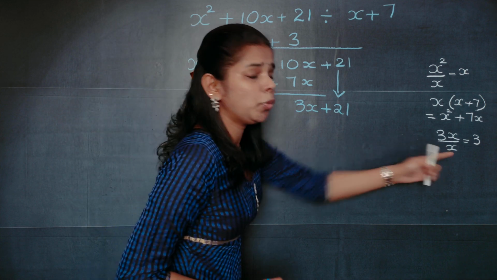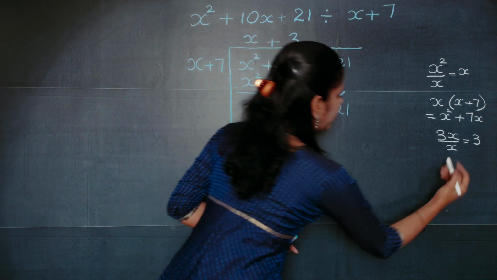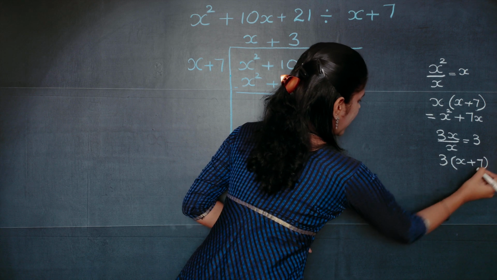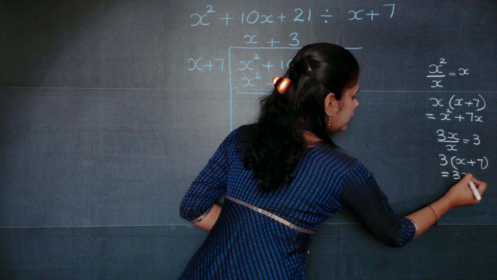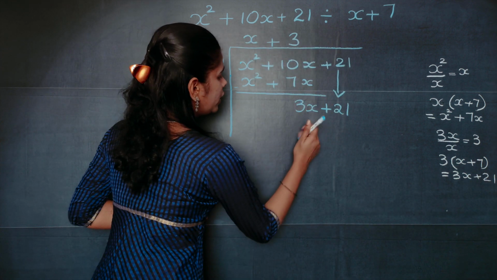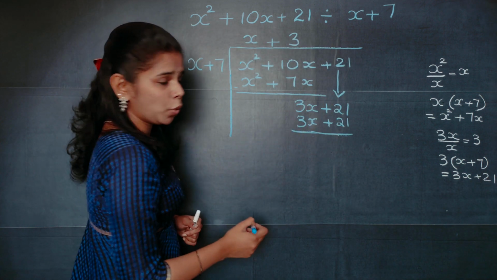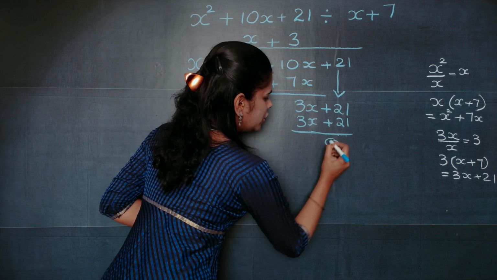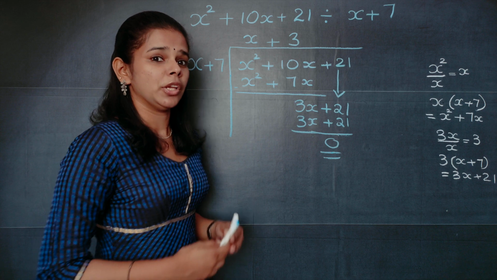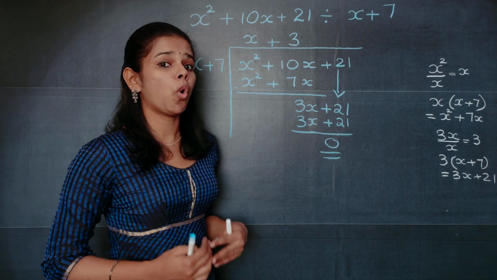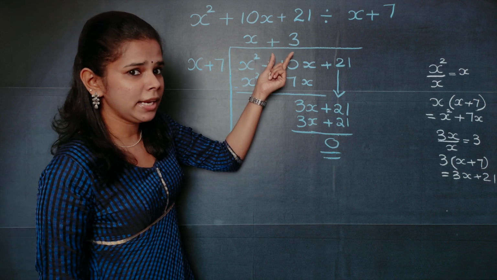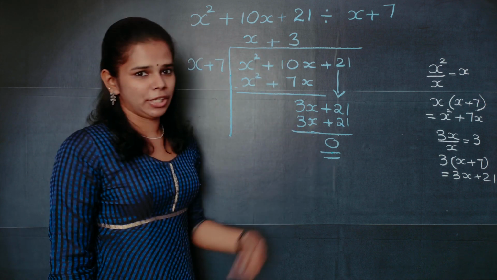And this 3, you should multiply it with the divisor x plus 7, and that is equal to 3x plus 21. So that you will write over here. Now when you subtract, you will get 0. It is not necessary that in polynomial divisions your remainder will always be 0. So here the quotient is x plus 3, the remainder is 0.